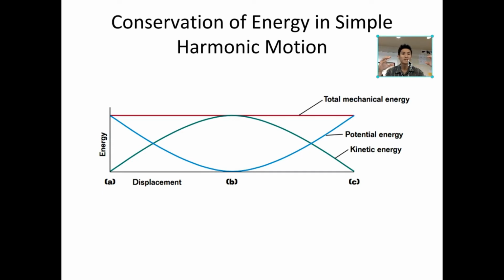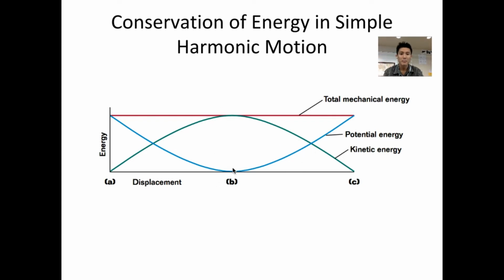When we stretch the mass on a spring and then let it go, initially it has elastic potential energy because of that spring. When I let it go, it starts moving, and that spring potential energy turns into kinetic energy until it reaches that scrunch state. Once it reaches that scrunch state, it converts all of its kinetic energy back into potential energy.